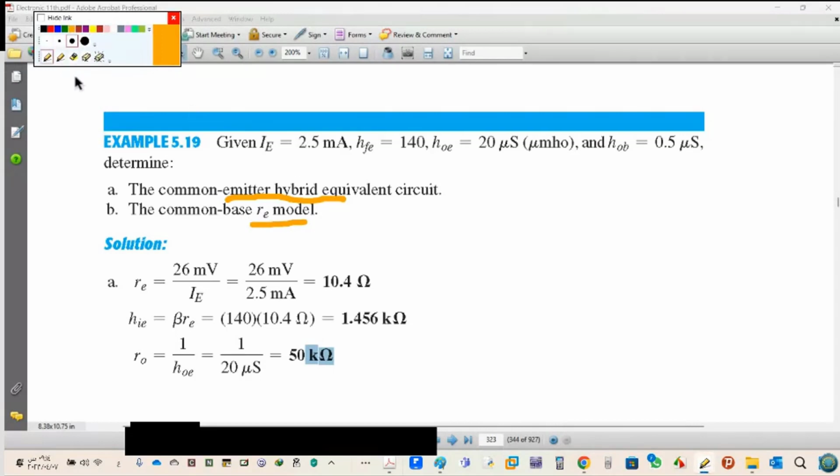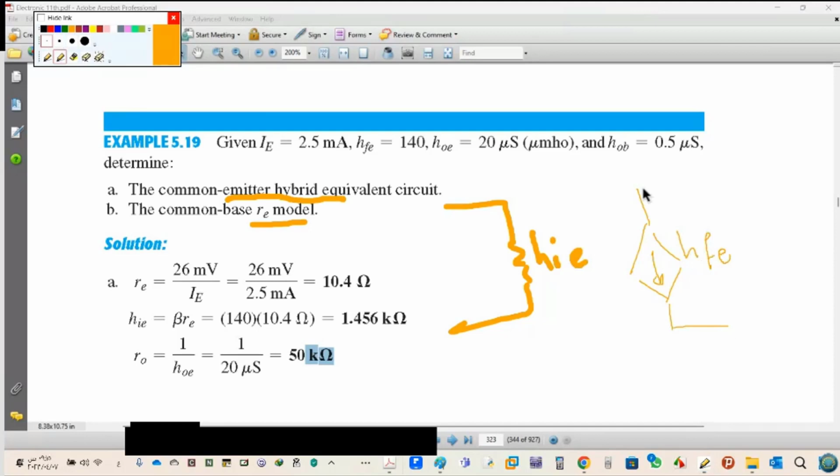Common emitter hybrid, and common base RE model. So for common emitter, here we have HIE, and here we have HFE, and he also gives me HOE. HFE is given, and HOE is also given.